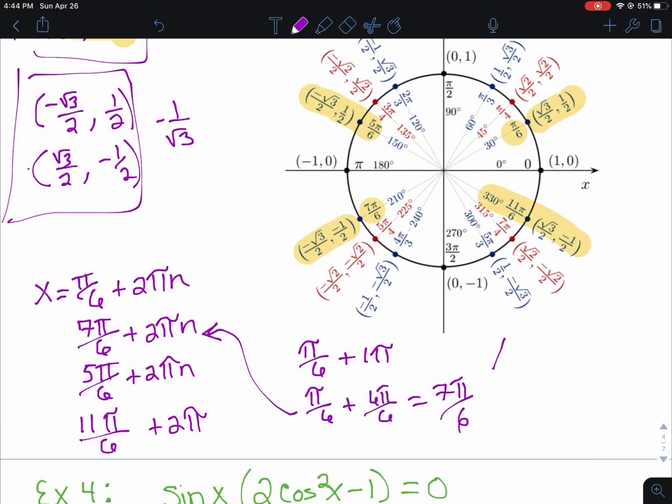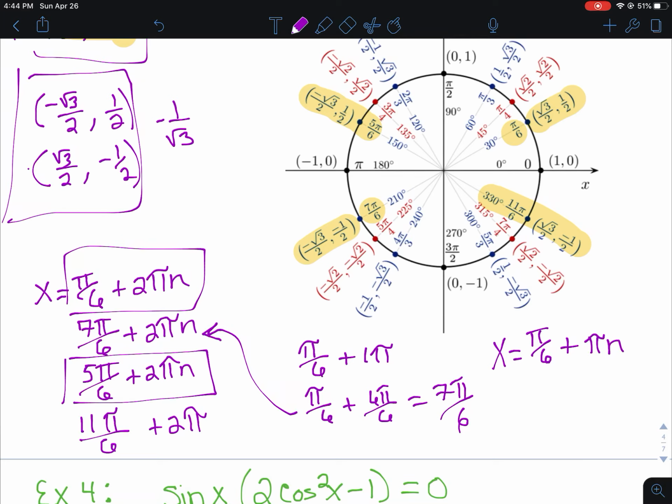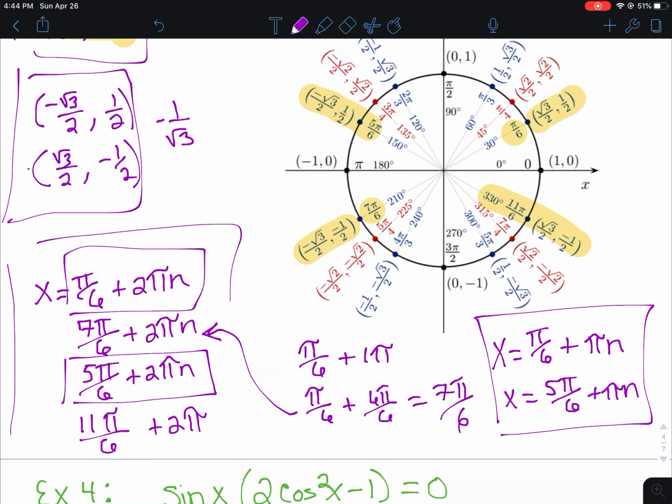So if we wanted to simplify our lives a little bit, then we could just take those two smaller values, so pi over 6, and say instead of adding 2 pi n, because we have all four angles, we can just add on pi n, and that will give us the other two. And 5 pi over 6 plus pi n, that will give us the other ones as well, okay? So both of these would be perfectly acceptable answers.